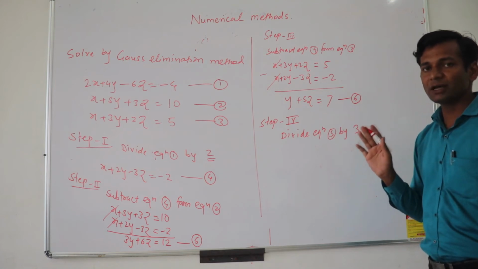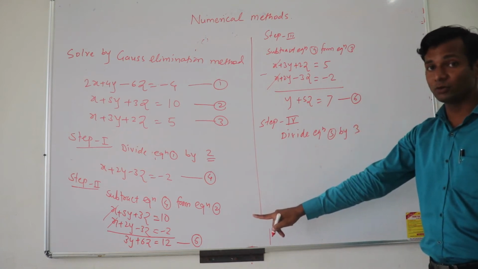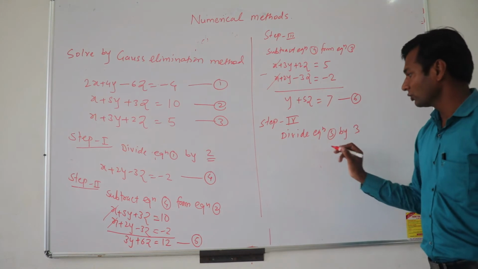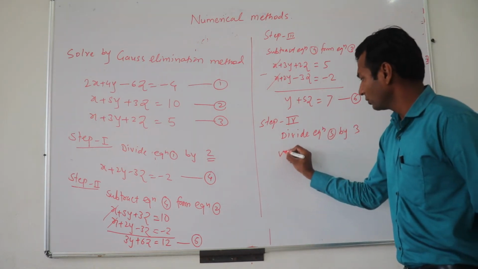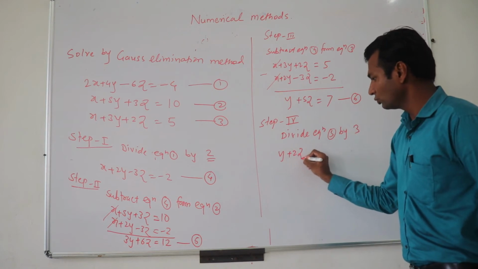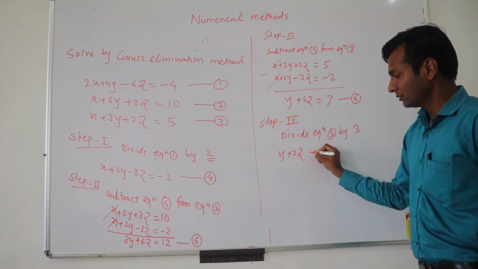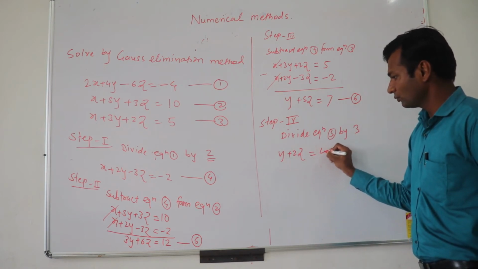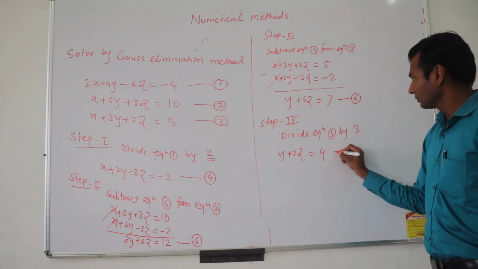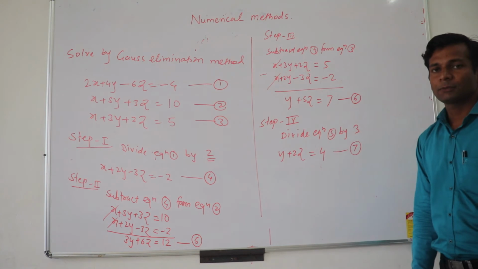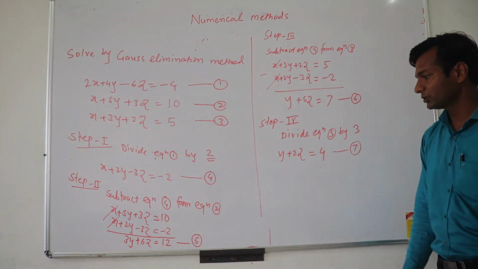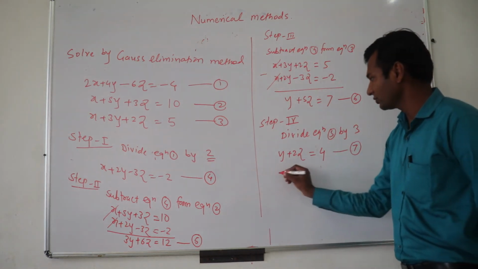Make the coefficient of y equal to 1 every time in equation number 5 only, not 6. After dividing equation 5 by 3, we get y plus 2z is equal to 4. This is our equation number 7, obtained by dividing by the coefficient of y in equation 5.